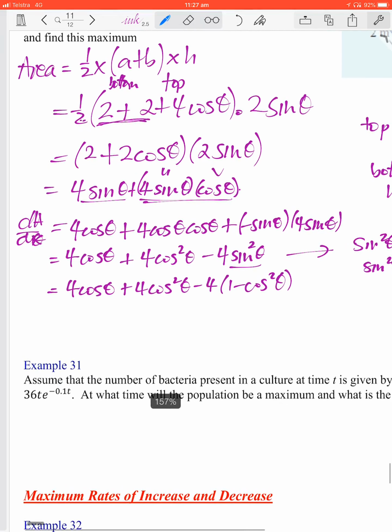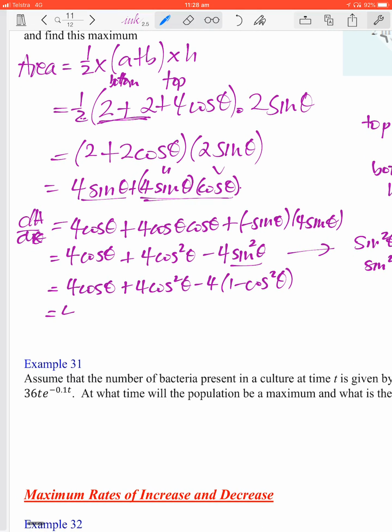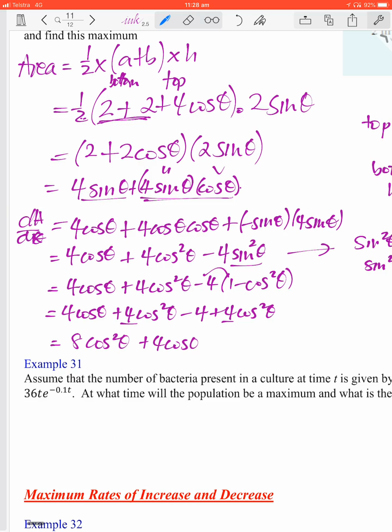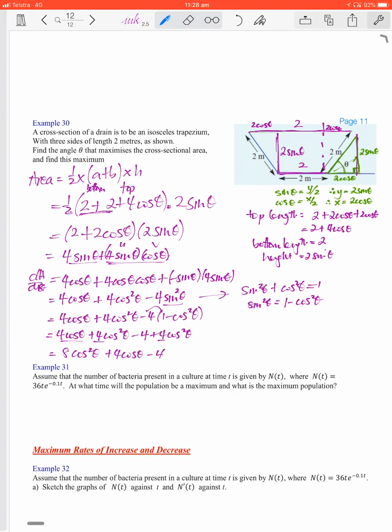What does that give us? That gives us 4 cos θ plus 4 cos squared θ minus 4, and then plus 4 cos squared θ, which gives us 4 and 4 is 8 cos squared θ plus 4 cos θ, and then minus 4. Now, that's what dA/dθ is.